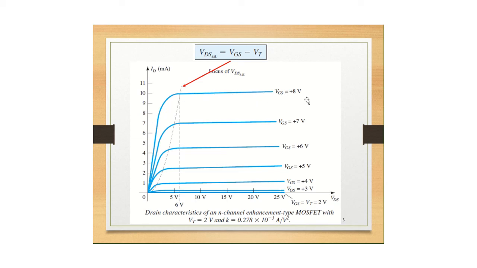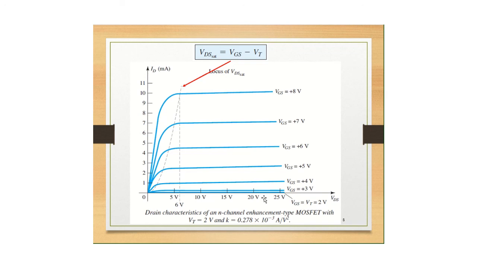So for VGS 8 volts, VDS is 6 volts. If you observe here, where exactly is your drain current getting constant? Now as you go on increasing VGS, for higher and higher values of VGS, the saturation level for VDS also increases. That is shown by this locus point. All right.